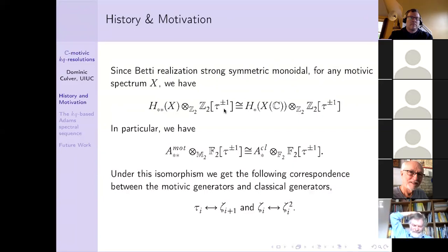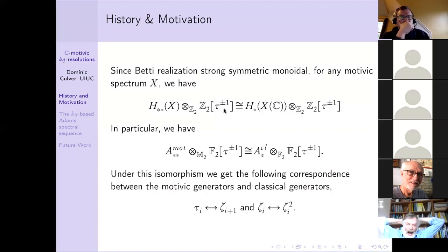So you expect, because of this, there to be some relationship between the motivic generators and the classical generators. So I just want to mention what that is. In the motivic setting, this tau i you should think of as like the classical zeta i plus 1. And the motivic zeta i you should think of as the classical zeta i squared.